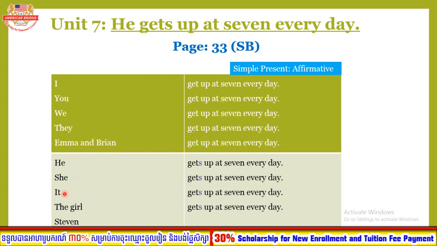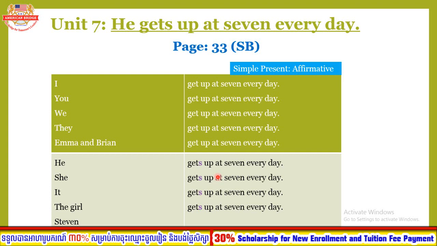But when you look at the subjects he, she, it, the girl, which refer to only a singular noun, or singular subject, we use the verb with s, gets up. For example, he gets up at 7 every day, she gets up at 7 every day, it gets up at 7 every day. Got it?